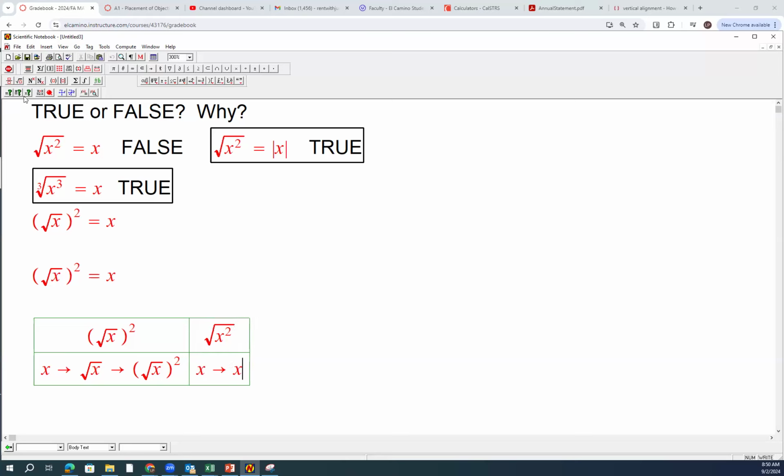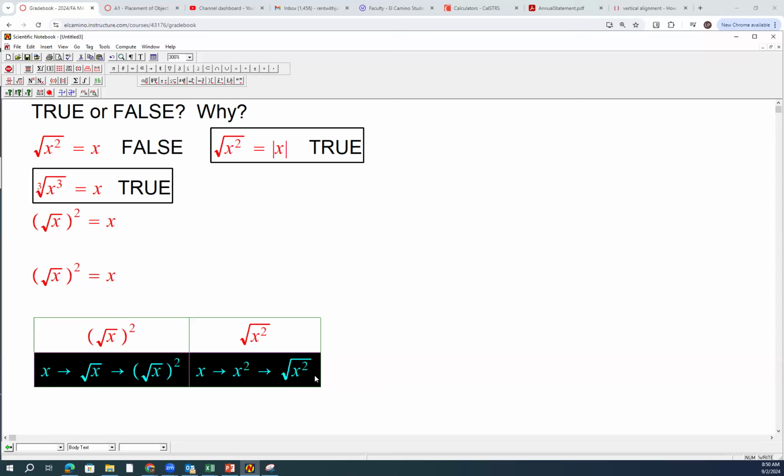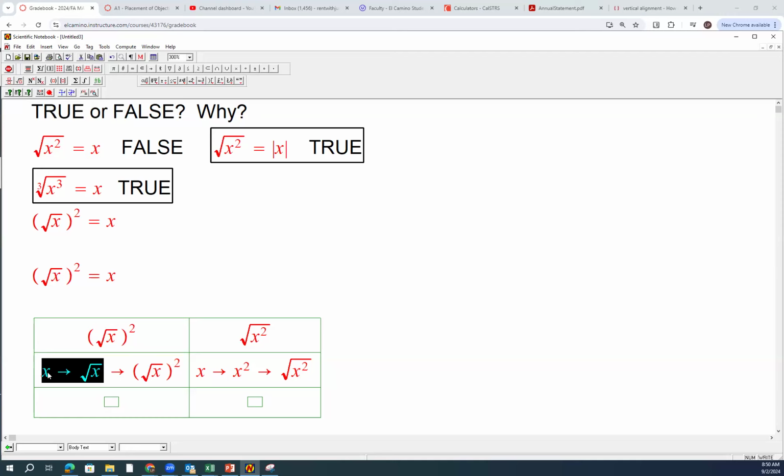Because this order of operation is different, and this operation determines the domain, for input x that is taken square root right away, we have to guarantee x must be greater than or equal to 0. On this one, x can be any real number because it will be squared before it is taken square root.